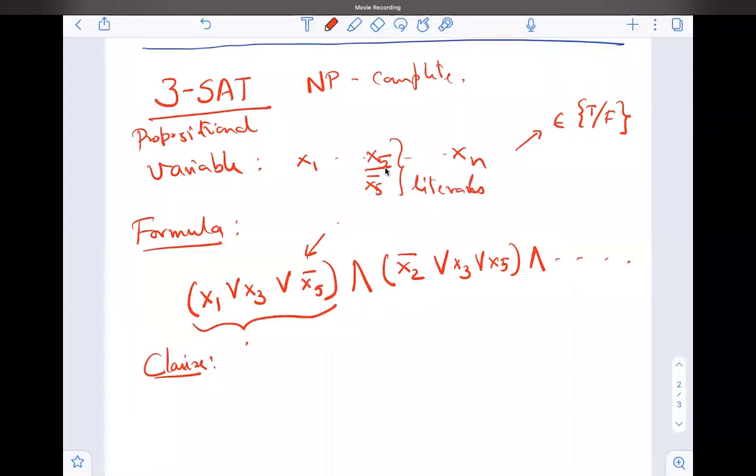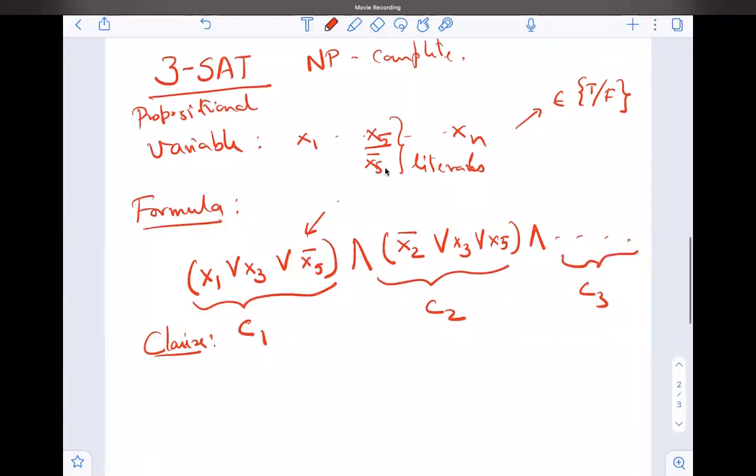Clause C1, clause C2, clause C3, and it goes on. Each clause has exactly 3 literals. This is a formula. So the 3-SAT problem has the input as a formula.